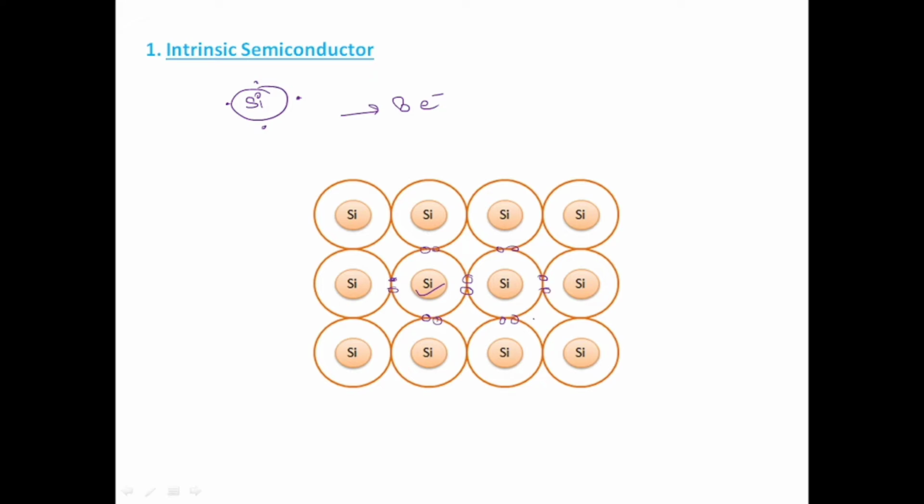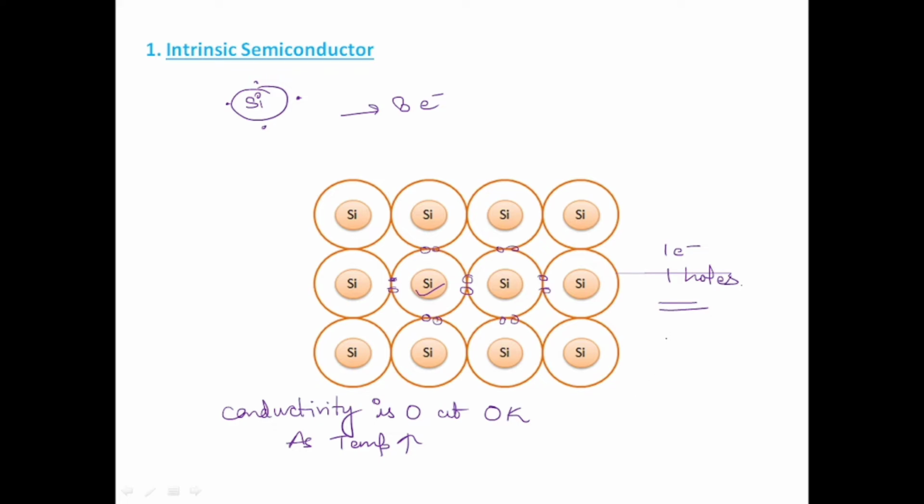In this way, intrinsic semiconductors are formed, but we can see that there are no free electrons here, so conductivity is 0 at 0 Kelvin. But as temperature is increased, these covalent bonds get broken, and one electron and one hole are created.